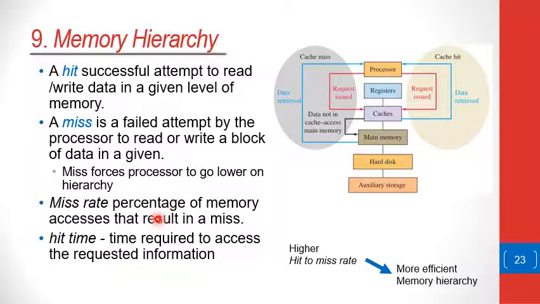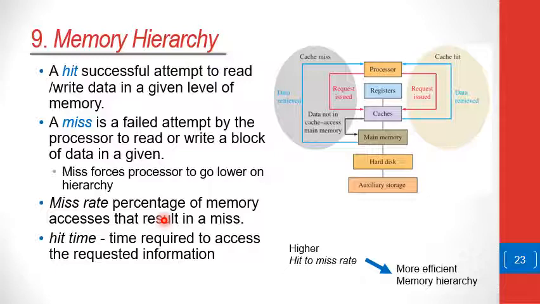The way the memory hierarchy can be assessed is through what's called a miss rate. The miss rate is simply the percentage of misses that the processor suffers for all its memory access attempts.